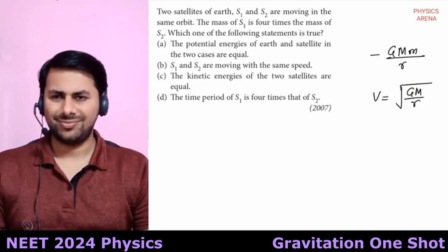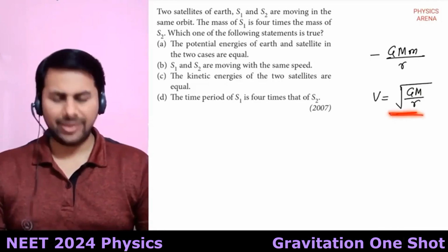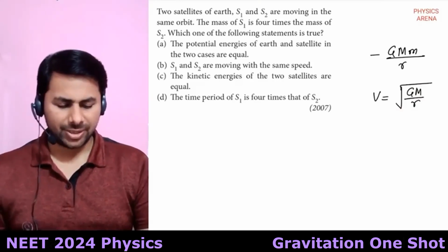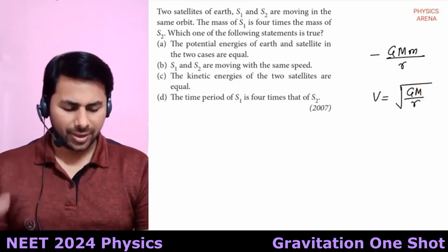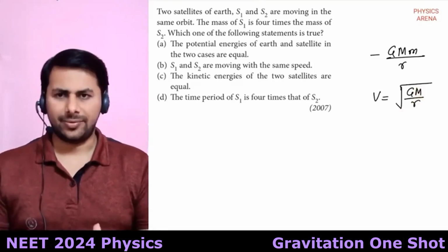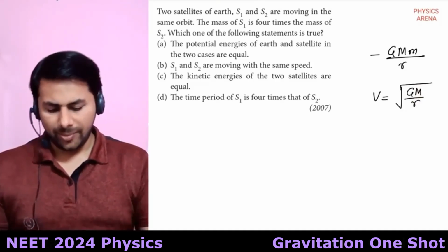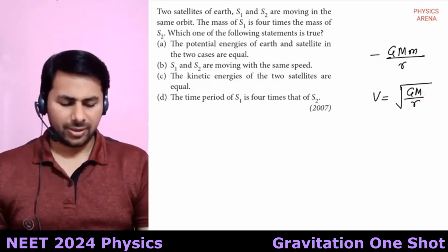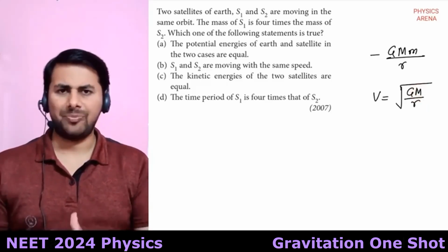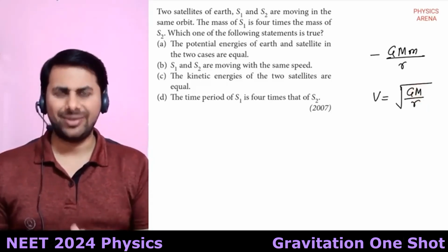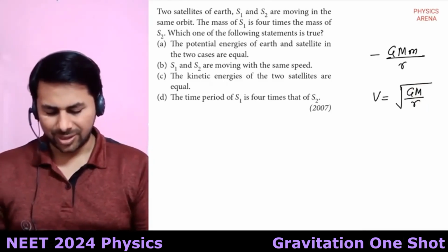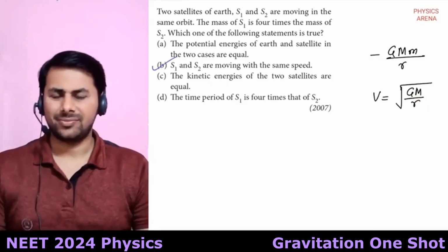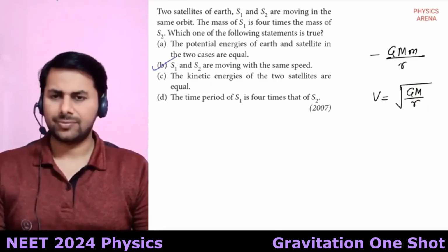Here speed will be the same because it is the square root of G multiplied by the mass of Earth divided by r. If the orbit is the same, that means r is the same. The mass of Earth is the same for both of them, so the speed will be the same. So it is option B.